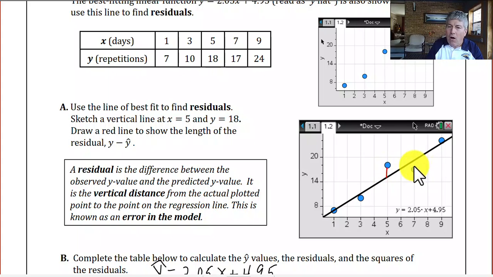How far off is our predicted data from the actual data? That is the residual. It's the vertical distance from the actual plotted point to that point on the regression line.